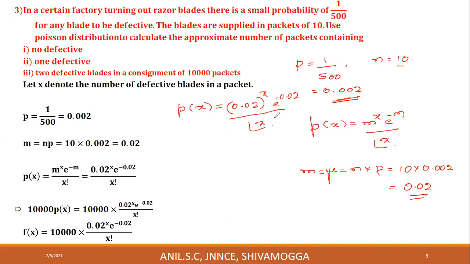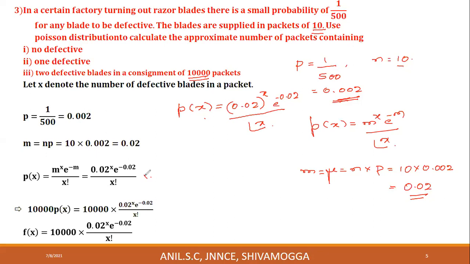This is what we call the probability function, and this is the probability function with respect to each packet. How many such packets are there? 10,000 packets are there. You can multiply this probability function by 10,000 here only, or you can find the probability corresponding to each packet and then multiply by 10,000. In either way, you can do this.